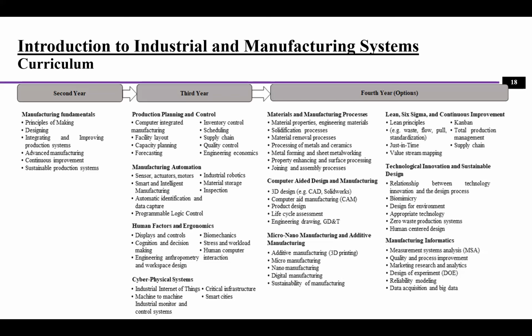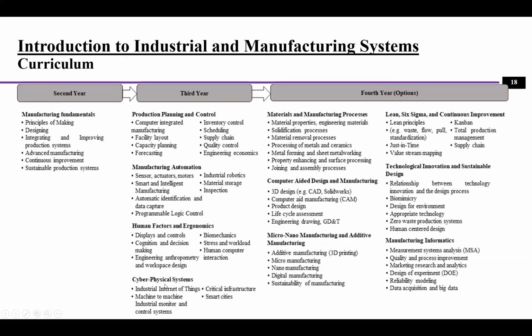So your workers or employees won't get hurt by doing chronic work. We're going to talk about displays and controls, how to design them to make the interface easier to understand. Cognition, decision making, engineering anthropometry, workstation design, biomechanics, stress and workload, as well as human computer interactions.